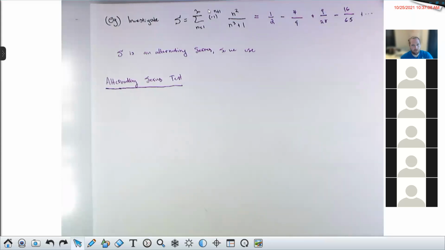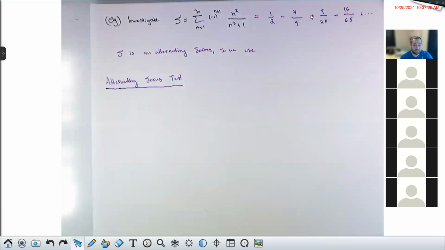So even though you can look at this and say, yeah, this piece will make it alternate because this stuff is definitely positive, and jump straight to your alternating series test, I always recommend writing out the first few terms of the series, no matter what you're going to do with it, because it just really helps you get a feel for what's going on with the series. I can kind of see how quickly the denominator is growing compared to the numerator.